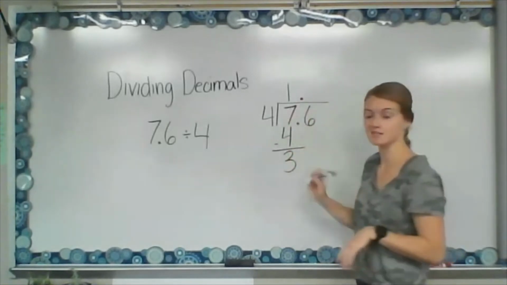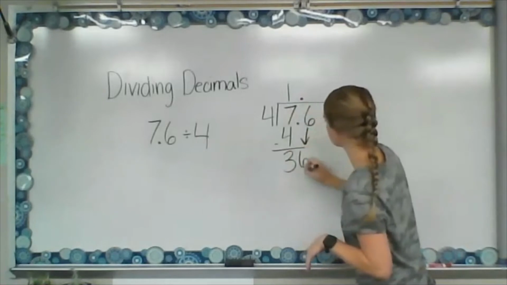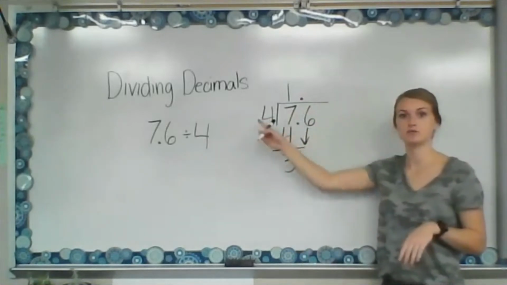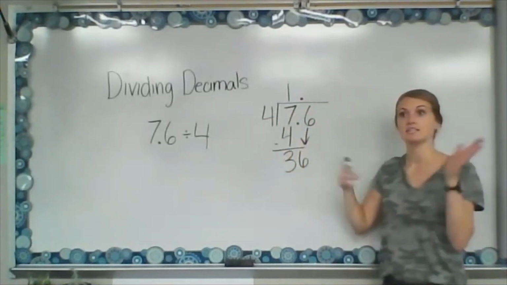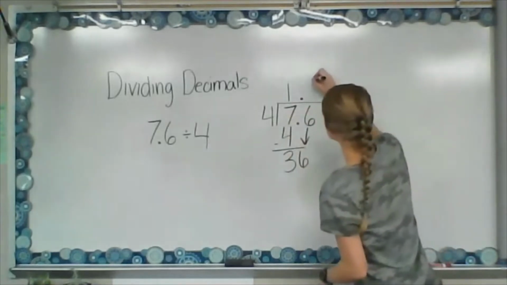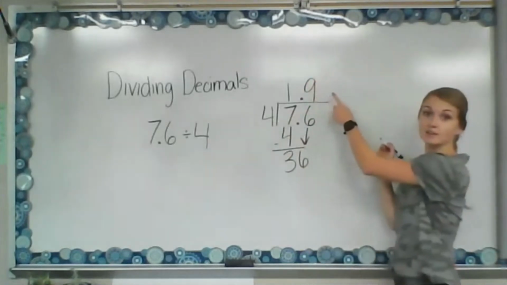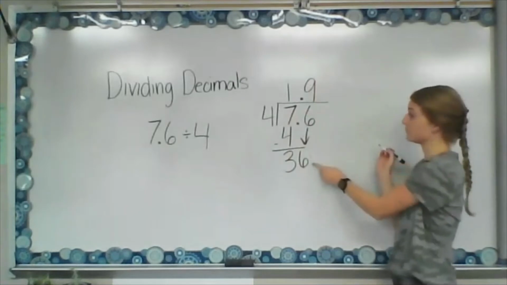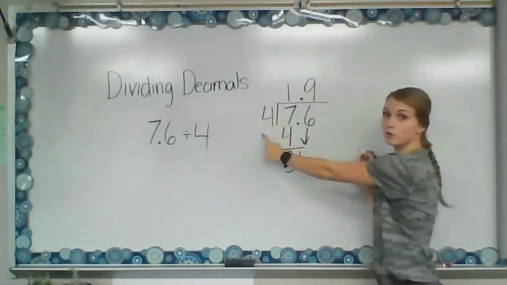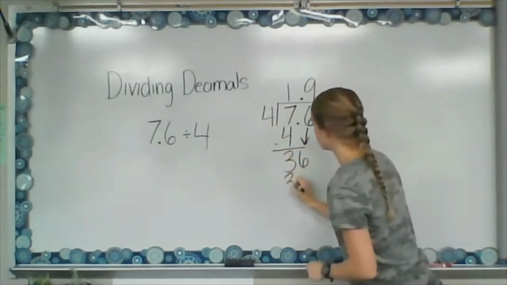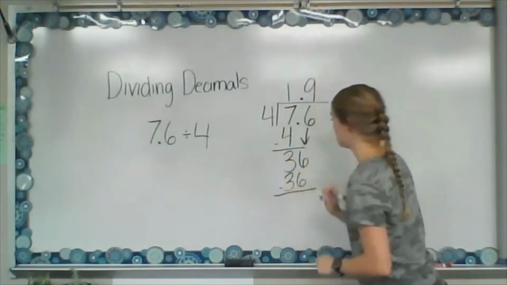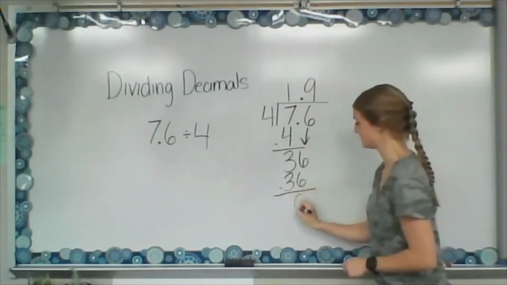So I just bring down the 6 like normal. And I ask myself, how many times does 4 go into 36? 9 times. So the 9 goes right above the 6, right? Because that's the number we brought down. So 9 times 4 is 36. And we're going to subtract 0.